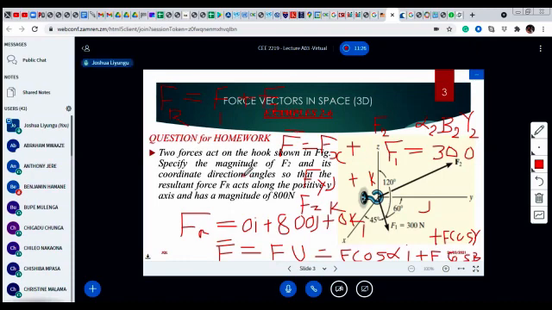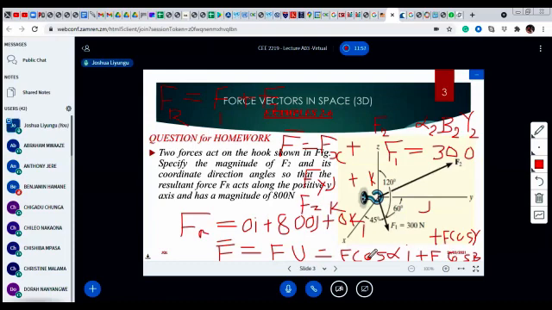Now, once you have done this, it becomes easier for you to solve this problem. F1 is equal to F1 cos alpha i plus F1 cos beta j plus F1 cos gamma k.